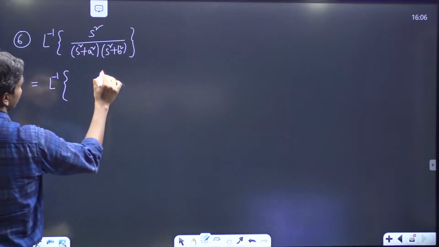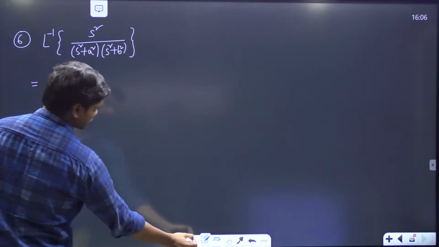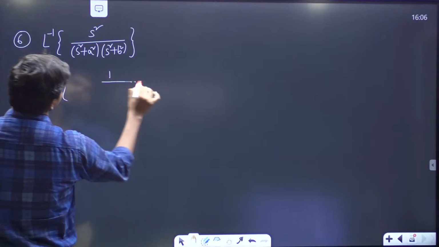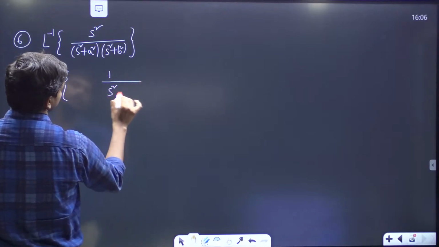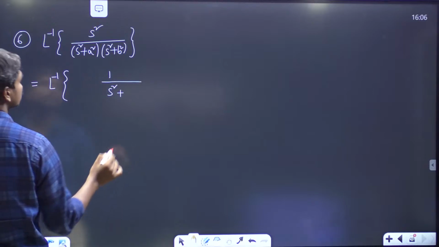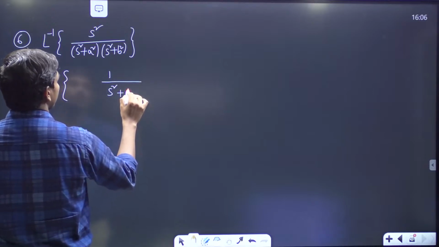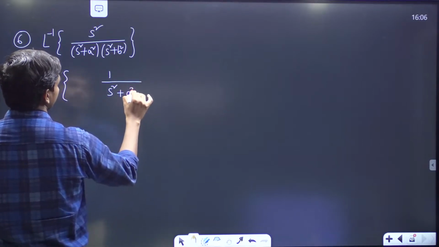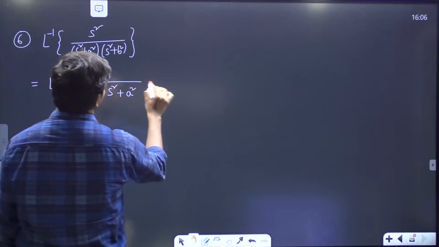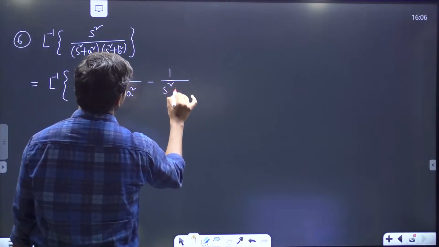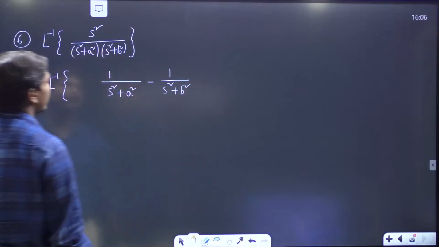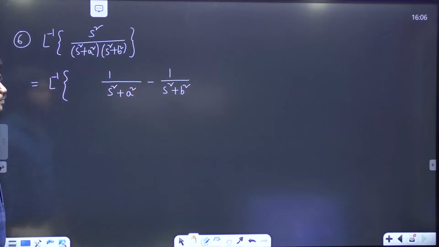See here, if I write 1 by (s square plus a square) minus 1 by (s square plus b square), what do I have here? Please tell me, what do I have here?